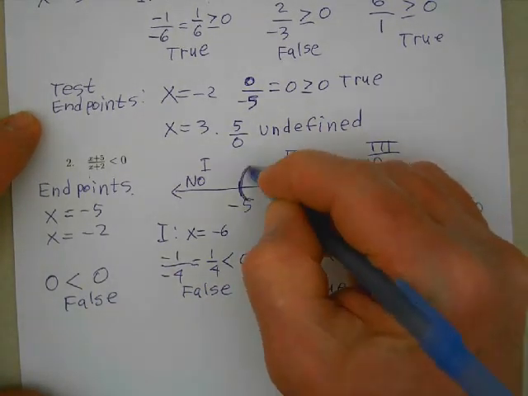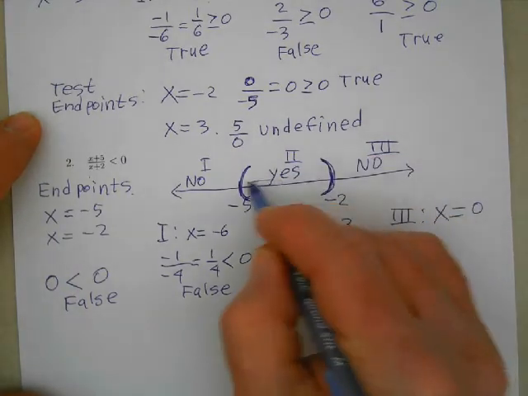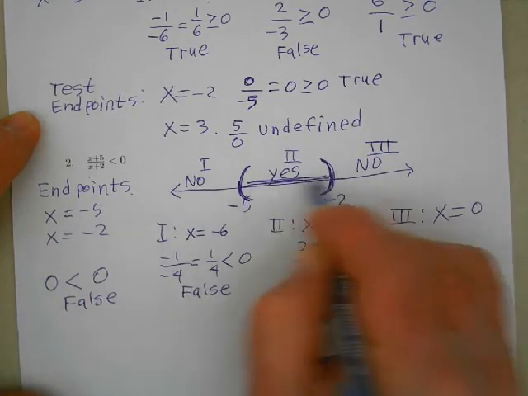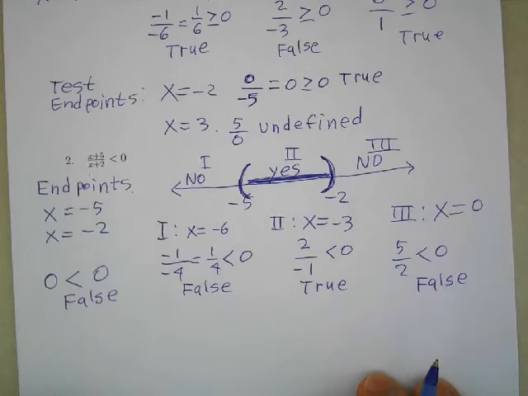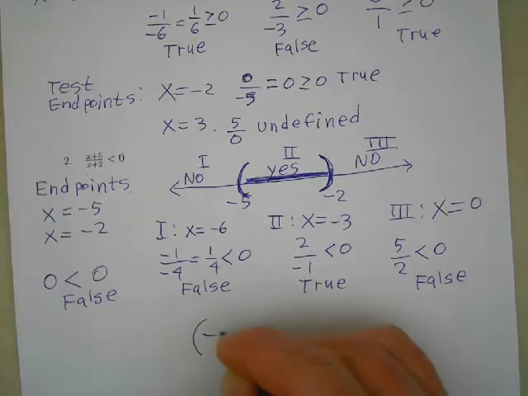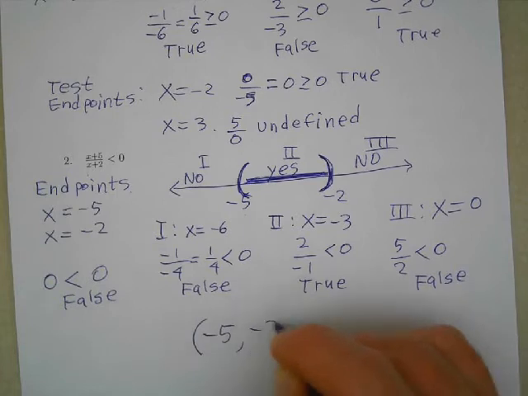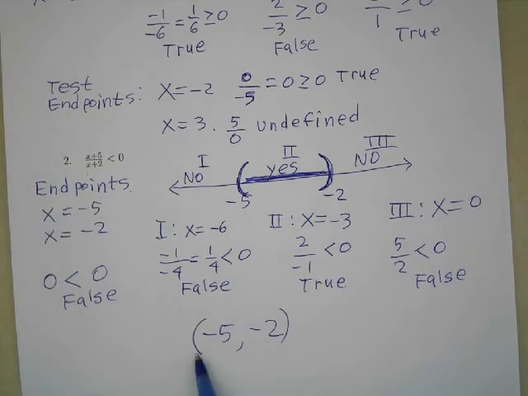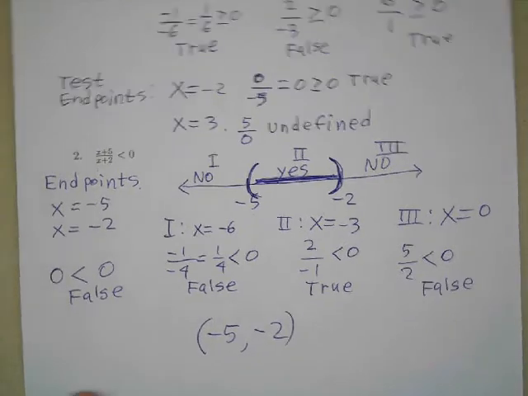So we put another parenthesis at -5, and then we shade the interval that is the solution set. The interval notation for this is parenthesis -5, comma, -2. The parenthesis on each end indicates that the endpoints are not part of the solution set.